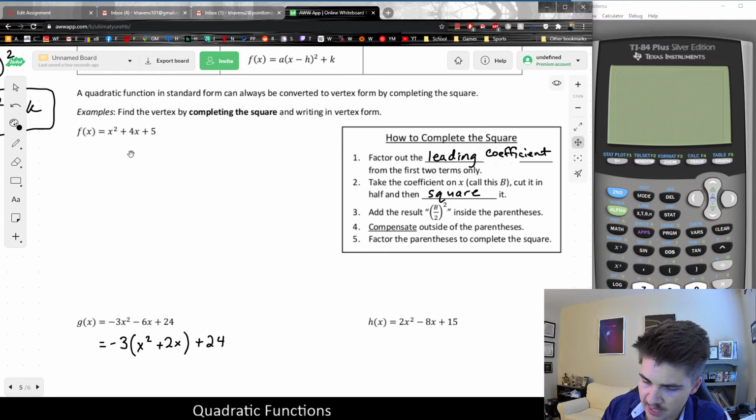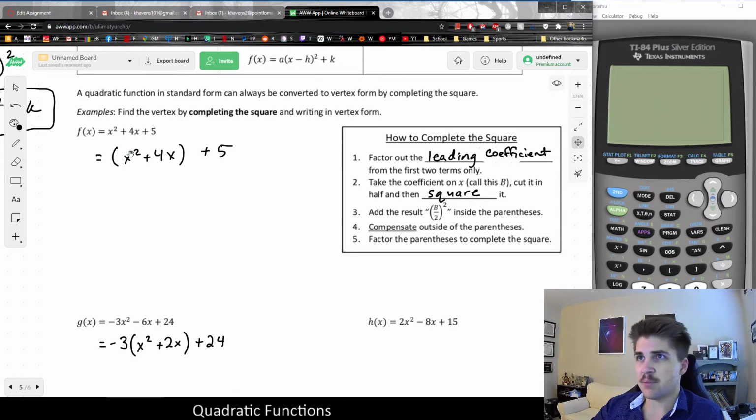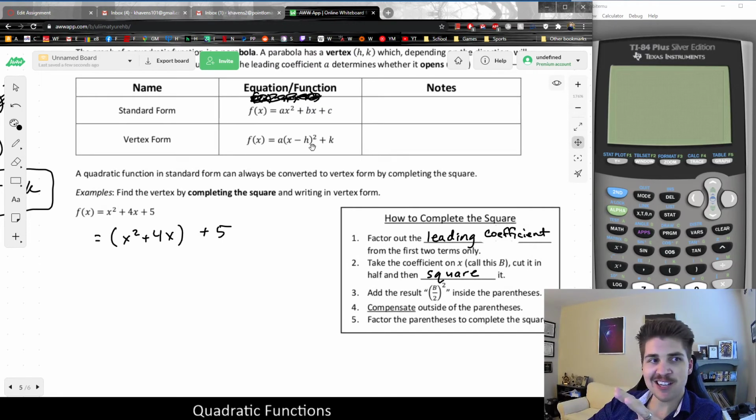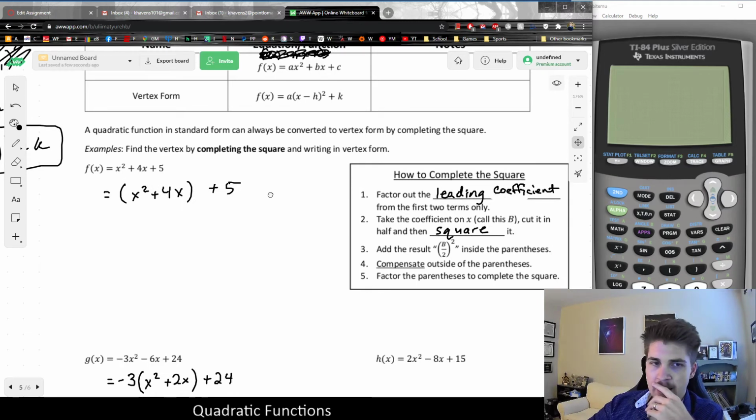You could always technically factor out 1, but how I would actually just write it is take the first two terms, group them in parentheses, and write the +5 on the outside. And notice that that way it has a structure that looks a little bit more like this. And again, the reasoning for this is because in the vertex form, it looks a lot like that. And the parentheses come in handy.